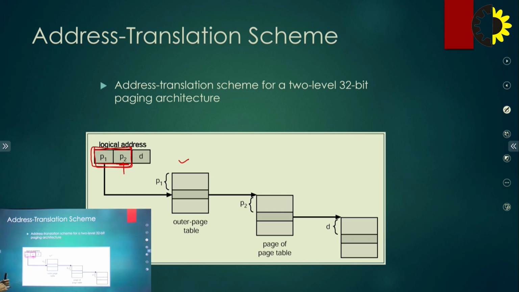It means we will search P1 here and take the offset from here, which means we will find out where P2 is. Then from here, whatever value is there, we will search it there, right? And whatever frame we get here, we will combine it with D and go for the physical address, right?